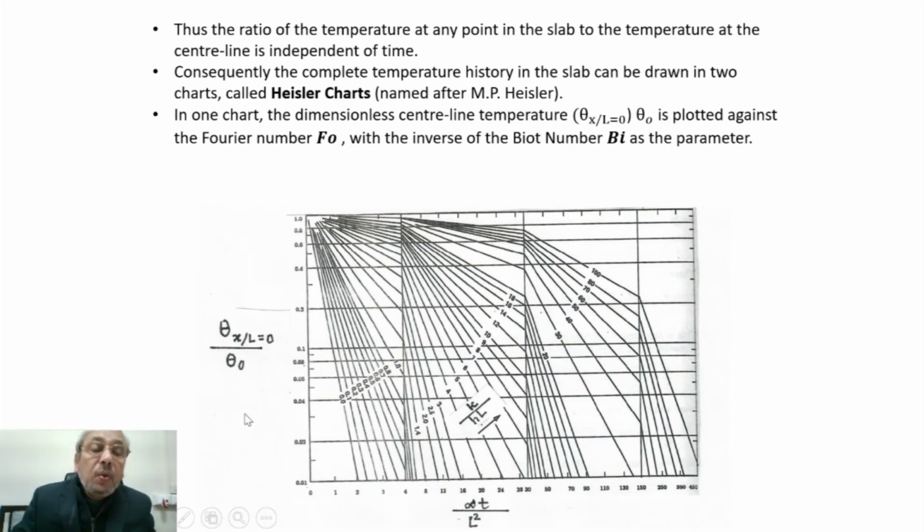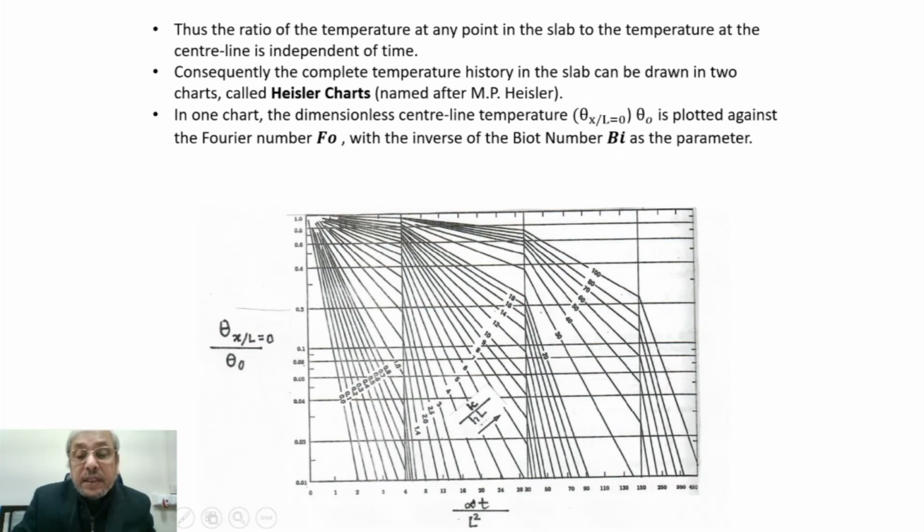T infinity is the local temperature. So T naught minus T infinity is theta naught. That means this is initial temperature and this is temperature at the center line, and this evolves with time.